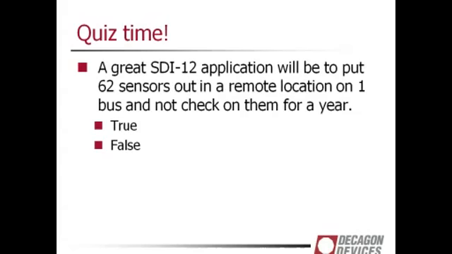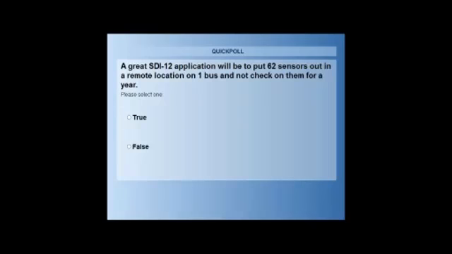And one more question. A great SDI-12 application will be to put 62 sensors out in a remote location on one bus and not check them for a year. True or false?